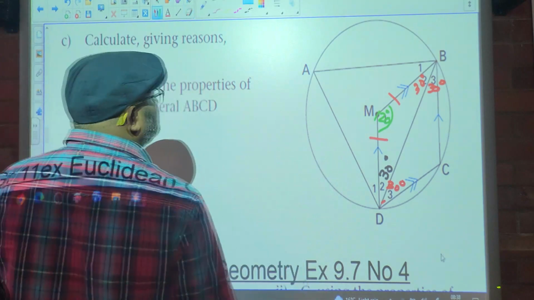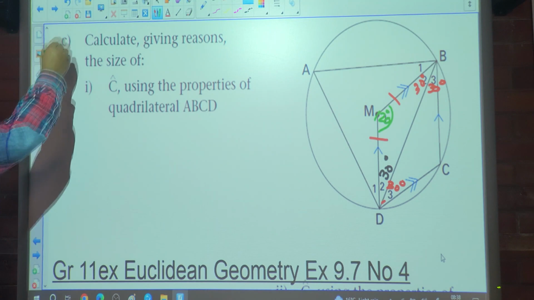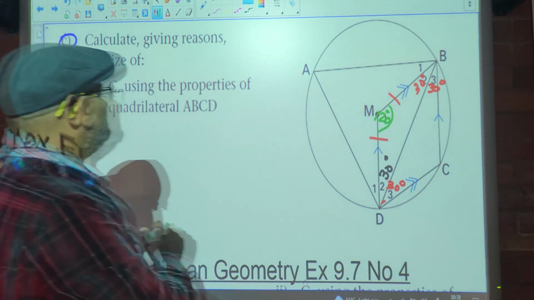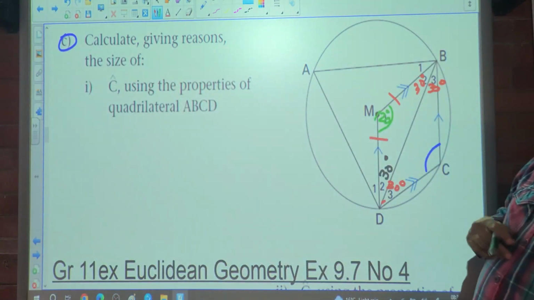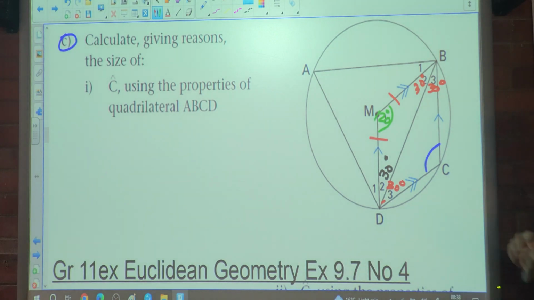You don't erase yours in your exam. The question says calculate giving a reason the size of angle C using the properties of quadrilaterals.